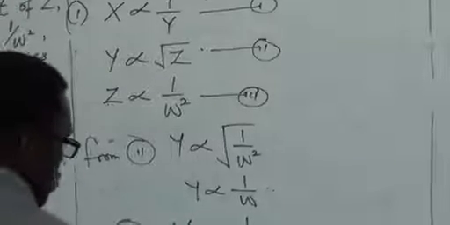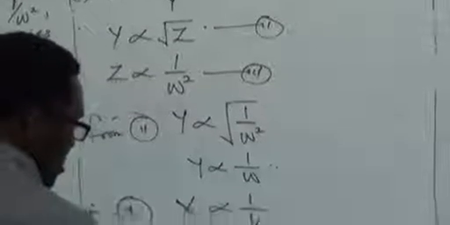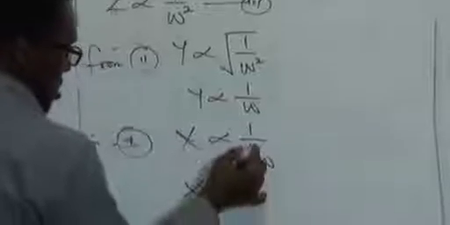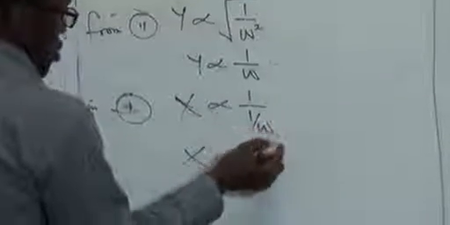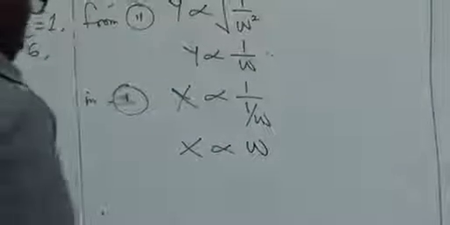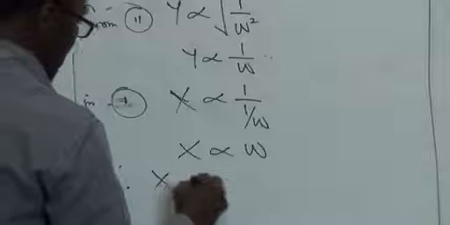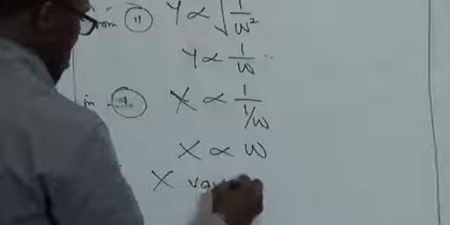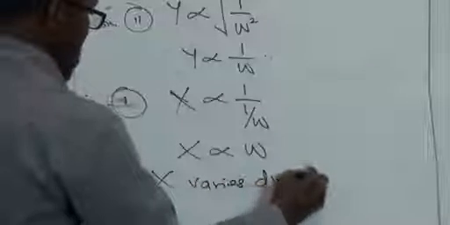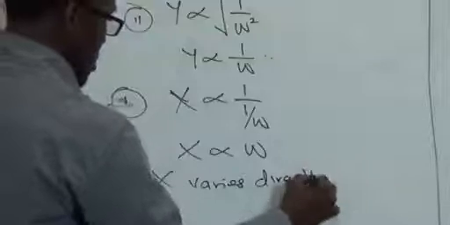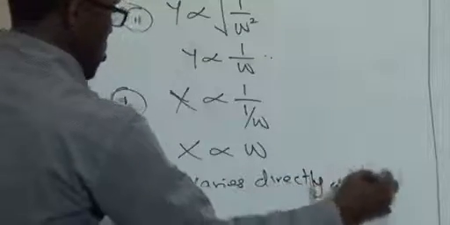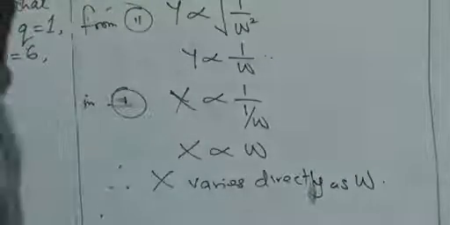Now, this will give us x varies as the denominator, which is w, will come up to become w over 1, which is w. So therefore, in words, we now have x varies directly as w.